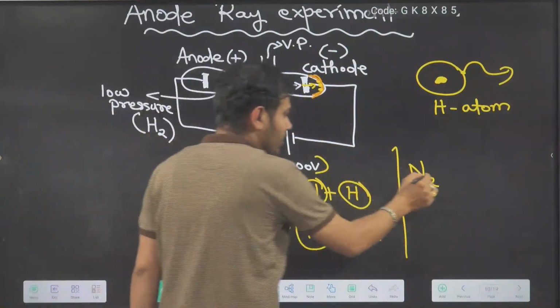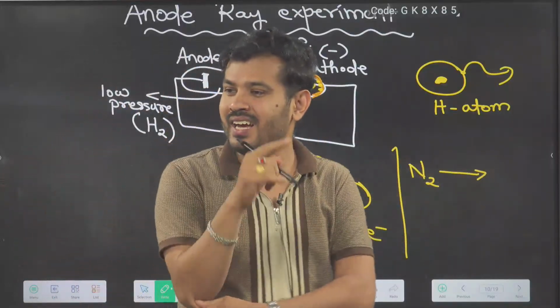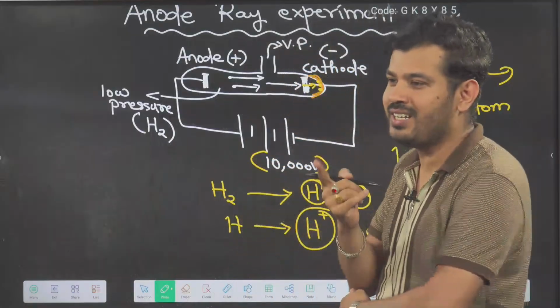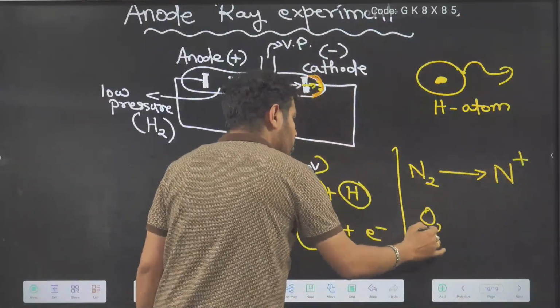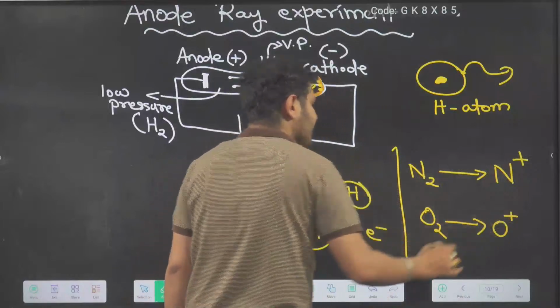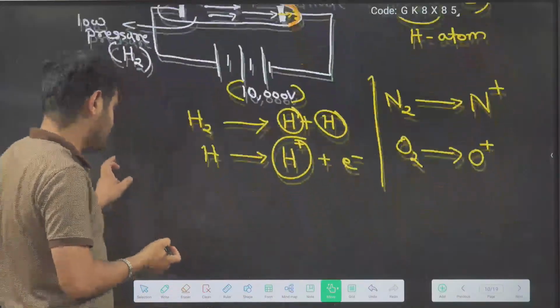So if you take the N2 molecule, what will you get? H2 is giving H plus, N2 will give what? N plus. Very good. So N2 will give N plus. If you take O2, it may give O plus. You may take helium.